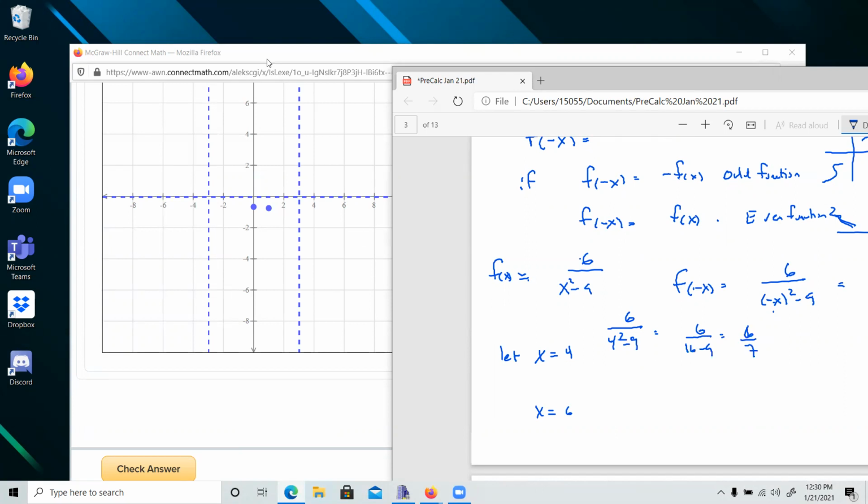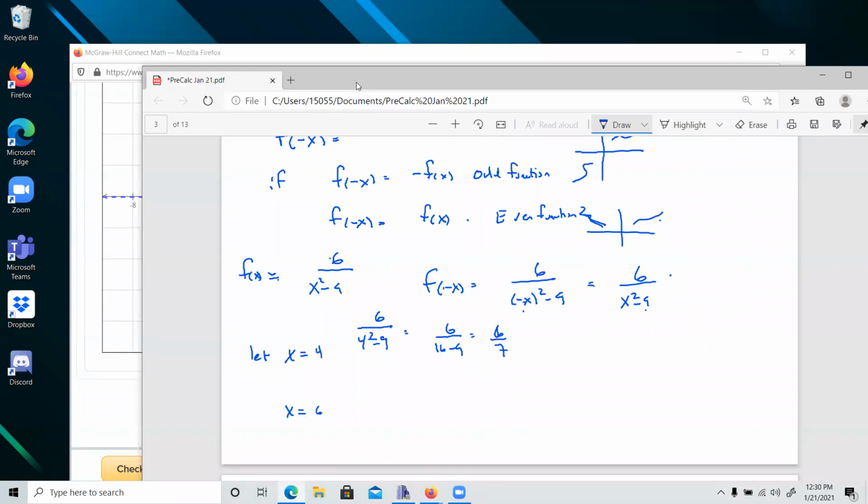But I also know, because it's even, that if x is equal to negative 4, then f of x equals the same thing, 6/7. Okay, that's what even functions are doing for you. The positive one equals one part, the negative one equals that same thing.